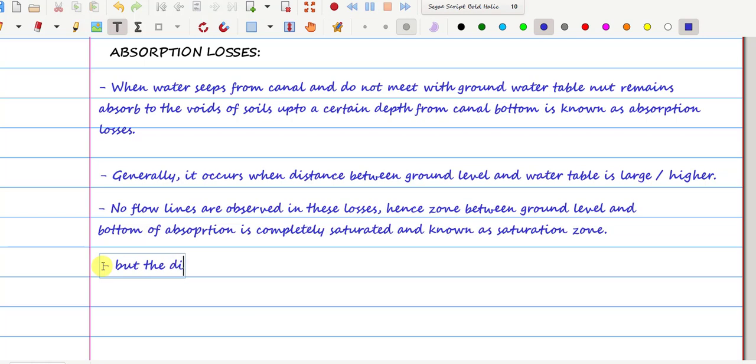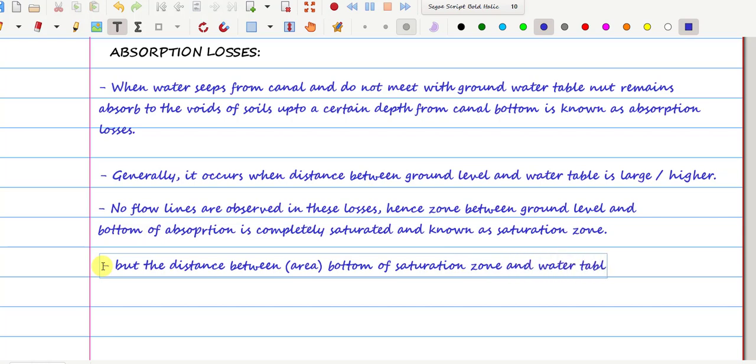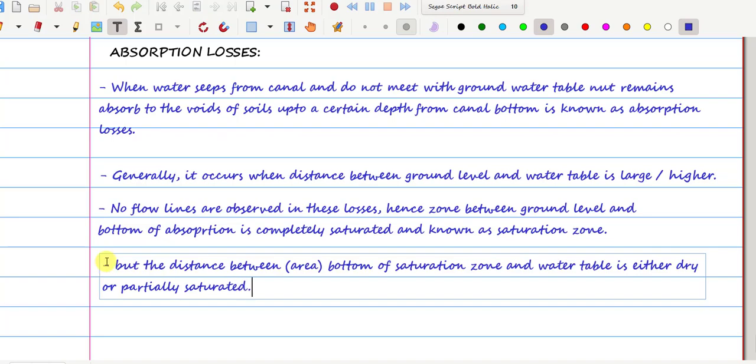But the distance between the bottom of the saturation zone and the water table is either dry or partially saturated. Got it?